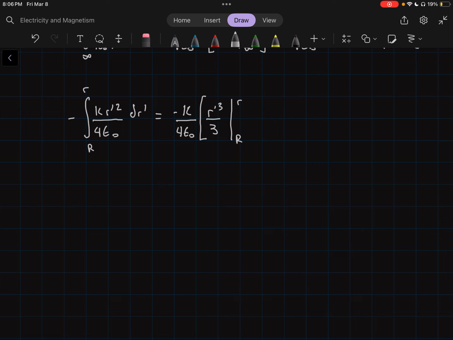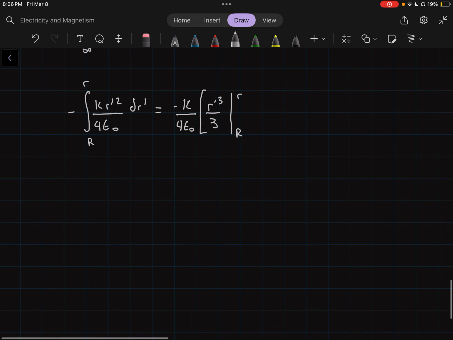Little r is just some arbitrary distance away from the origin in this case, which is equal to minus k over 4 epsilon naught times little r cubed over 3 minus big R cubed over 3.